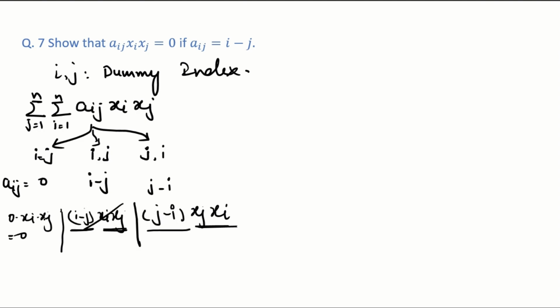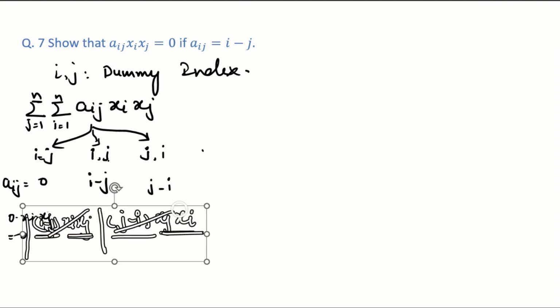Okay, so they will get cancelled out. So in total, at the end, all the terms will get cancelled out, because there are 3 possible cases, and in the first case the value itself is 0. In the second and third cases you are getting values which are the same in magnitude but opposite in sign, so they will get cancelled out with each other.